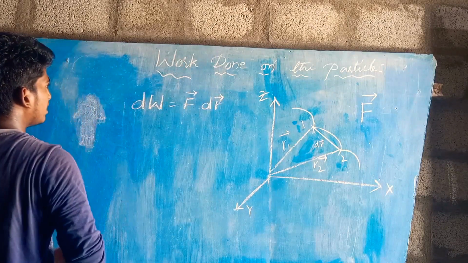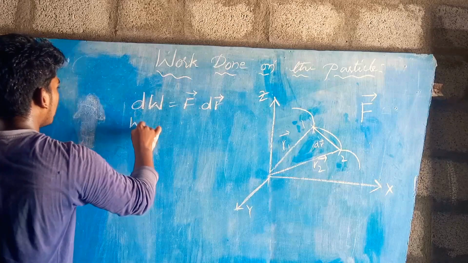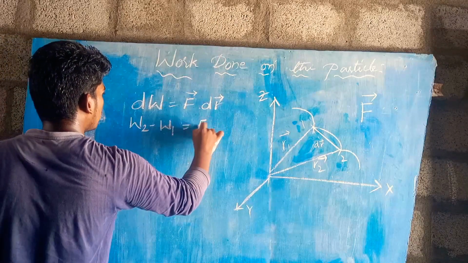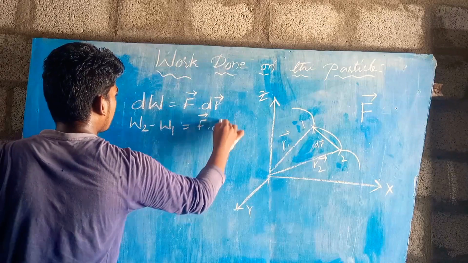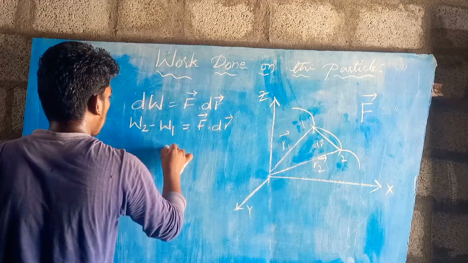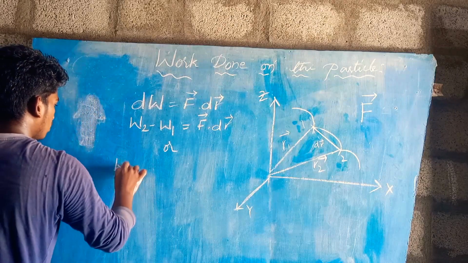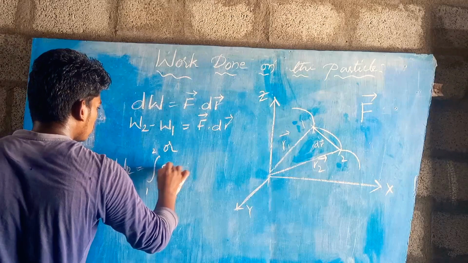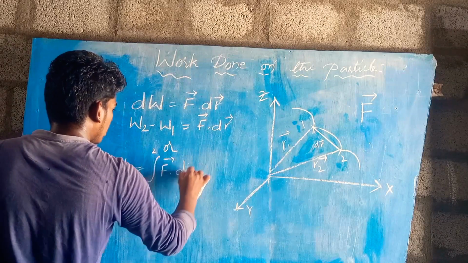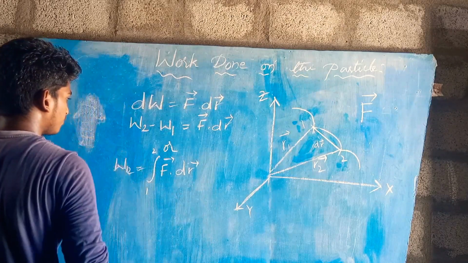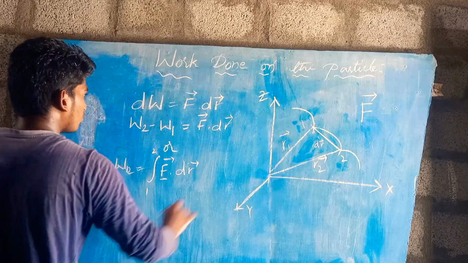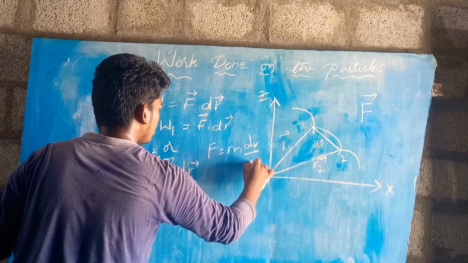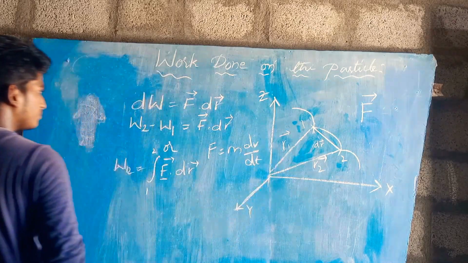F times dr. This can be represented as W2 minus W1 is equal to F bar times dr bar, or W12 is equal to integral 1 to 2 F dr. So we can rewrite force as m dV by dt.